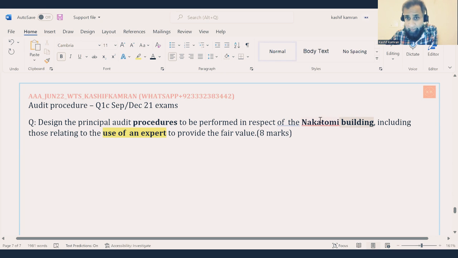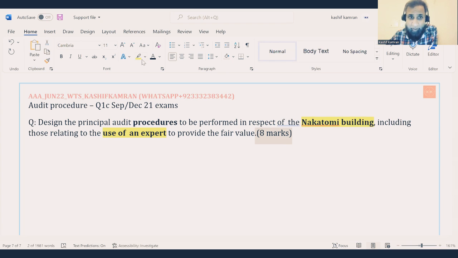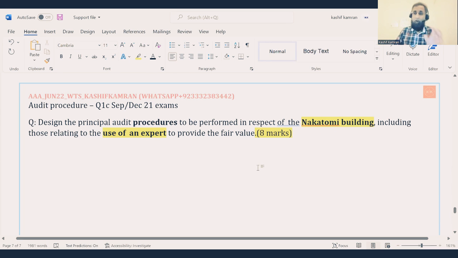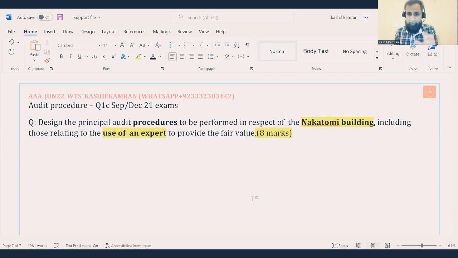And how many marks do we have for that? We have 8 marks, because you know that the management is to hire an expert for determining the fair value of the Nakatomi building, right? Now, I always tell my students that if you need to be good on a procedure, this is what you need to do.